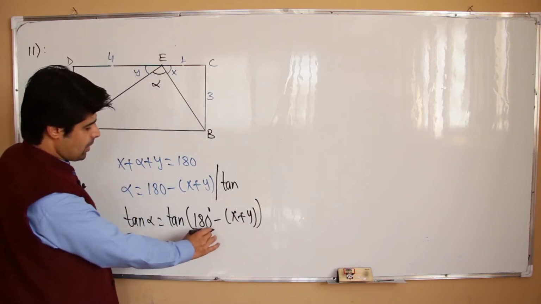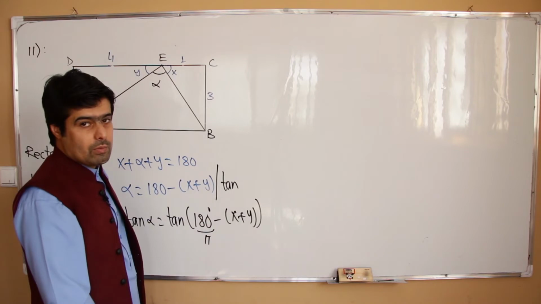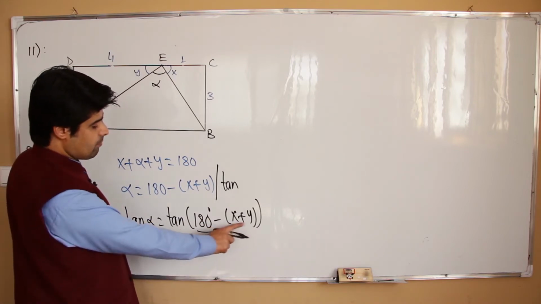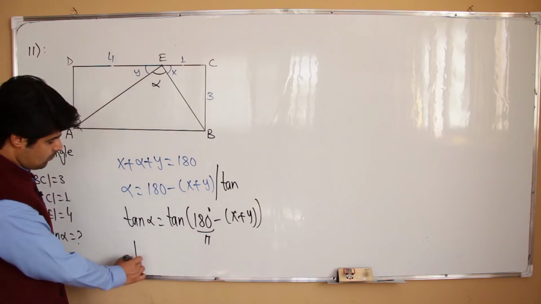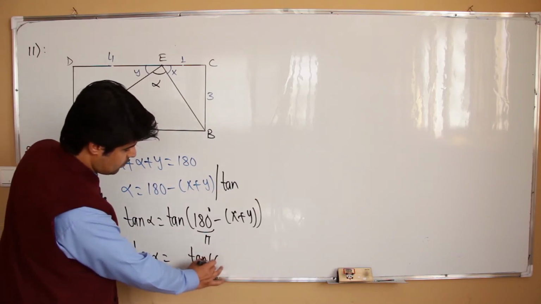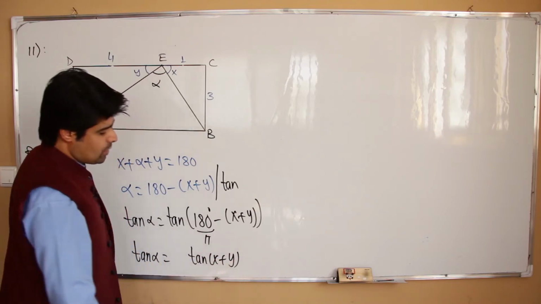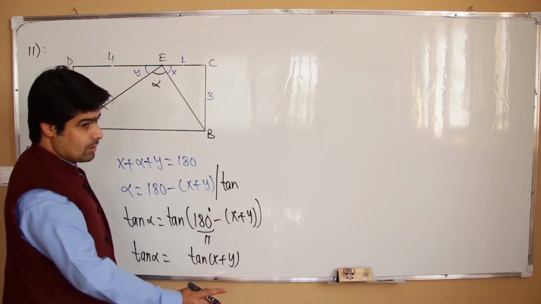So this is pi. Tangent of pi minus some angle. What do you think? It would be tangent of alpha equals tangent of x plus y, but in which quadrant? 180 minus some angle, second quadrant.